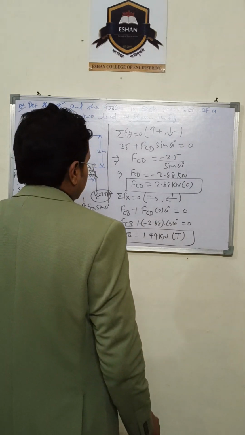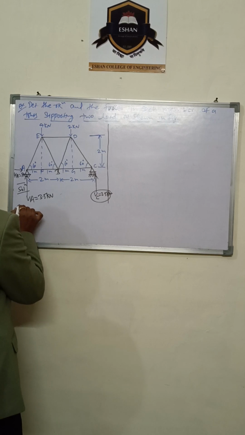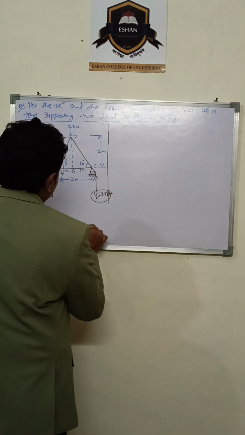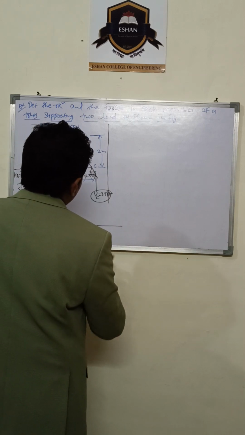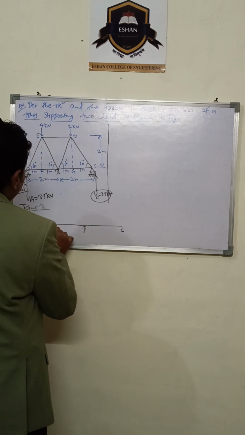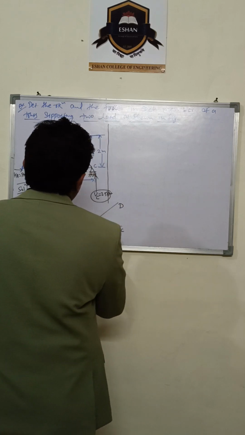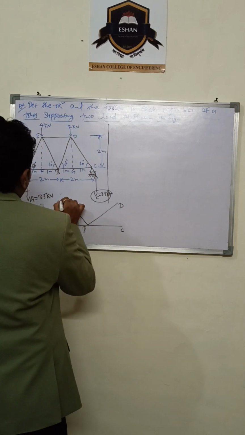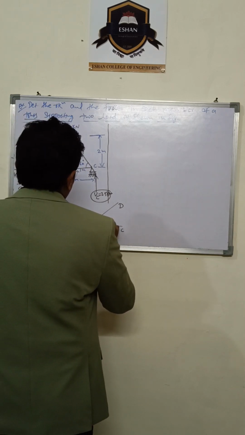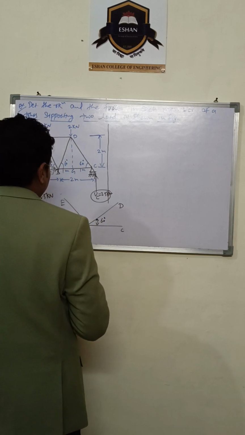Now consider the next joint, joint B. Draw the FBD. This one is the member BC, on the right-hand side, left-hand side BA, the inclined members BD, and also this one is the inclined member BE. The angles we have already been given, 60 degree and this one is 60 degree.